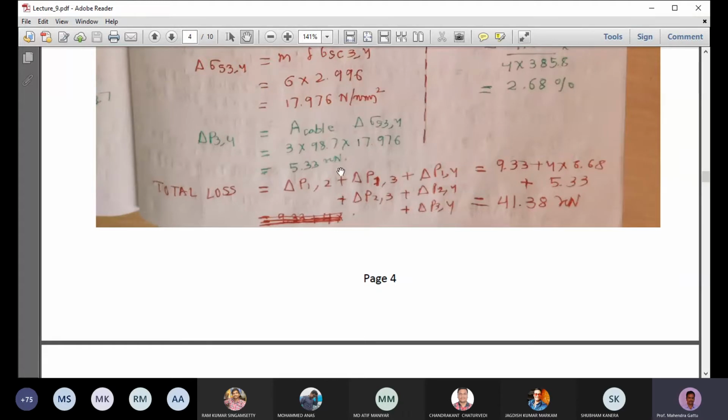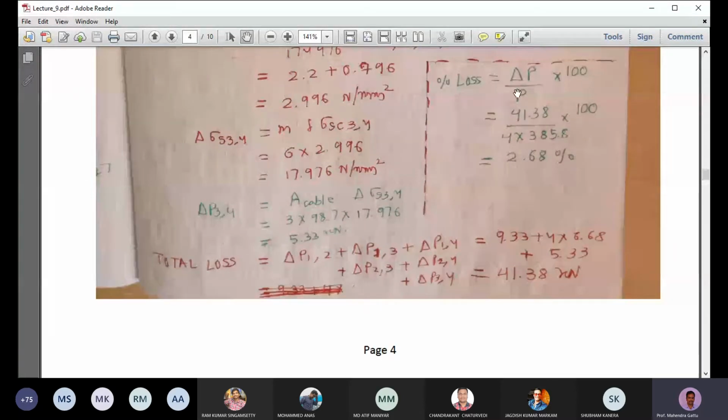Okay, so we can add it up. This value is 9.33, and the four values, P13, P14, P23, P24, are all the same, 6.68. So we'll multiply 4 into 6.68, and P34 we have just calculated, it is coming around 5.33. So we sum up all of this, and we get around 48.38 kilonewton.